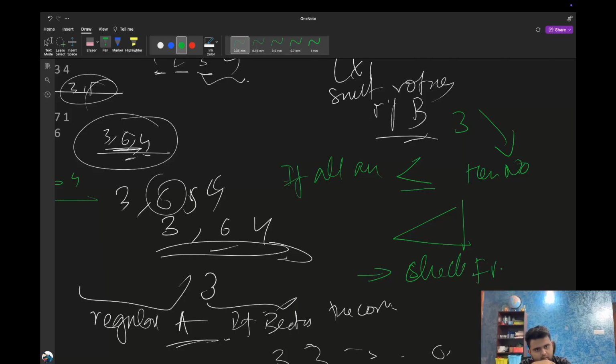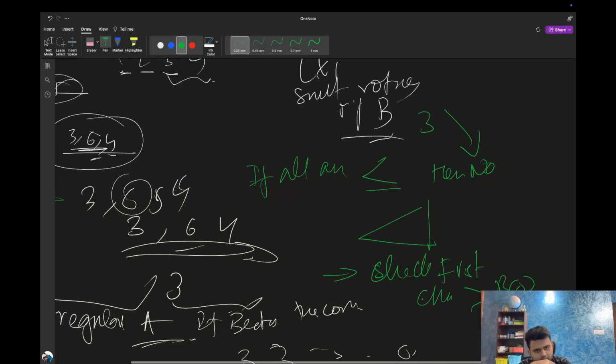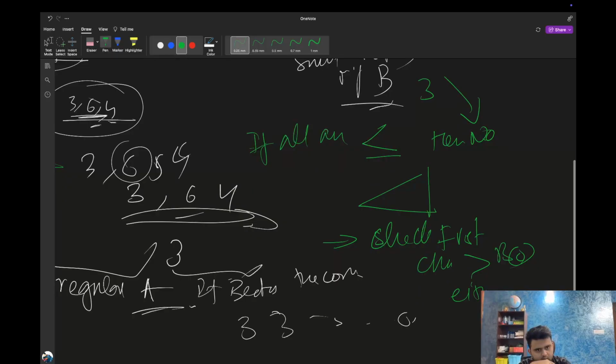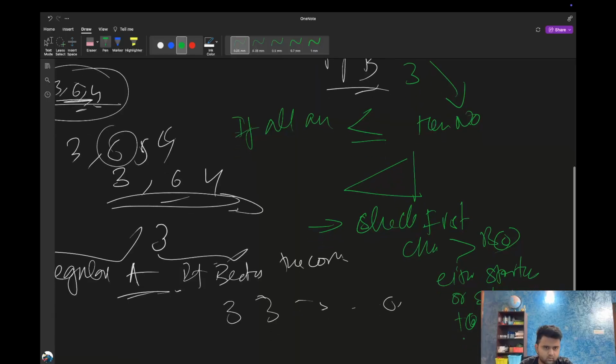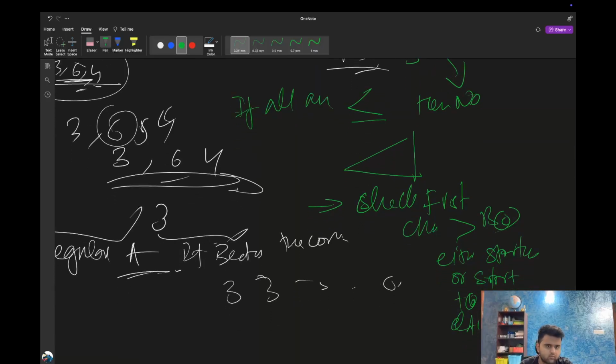Check first char greater than B0, either start there, or yeah, it's always start there, because anyway it's 3, it's same as starting at the next one. Perfect. Or start to the left if no space left.